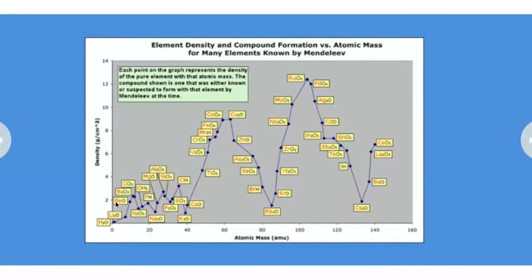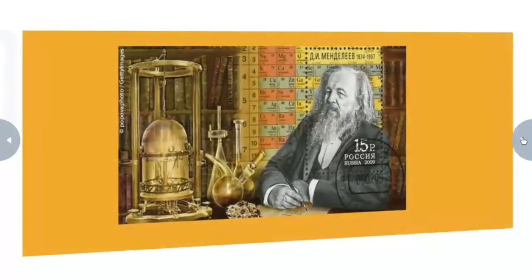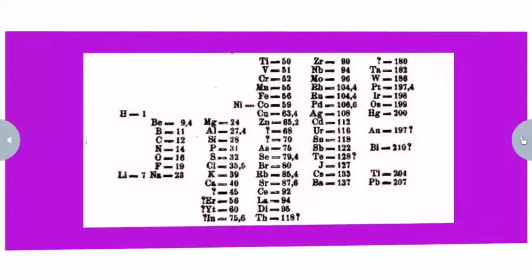Okay? So he arranged them by atomic weight, but he did it periodically. When he got to sodium, he said, I'm going to start a new column. And it started getting longer, and then he'd start a new column. This is what we call today the main group elements, the short columns. And then these long ones are what we would call transition metals.